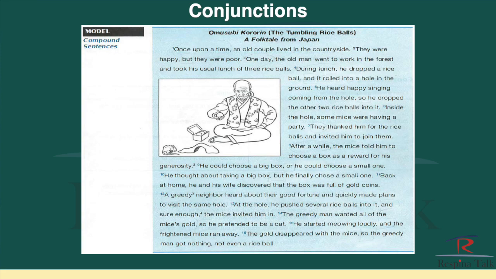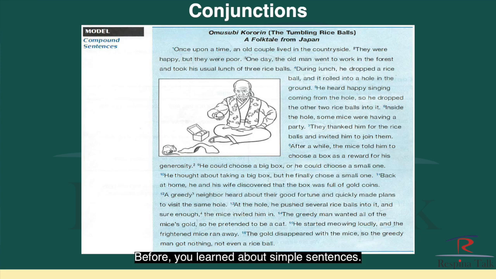At the hole, he pushed several rice balls into it, and sure enough, the mice invited him in. The greedy man wanted all of the mice's gold, so he pretended to be a cat. He started meowing loudly, and the frightened mice ran away. The gold disappeared with the mice, so the greedy man got nothing, not even a rice ball.